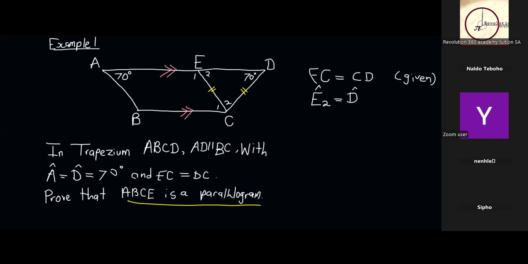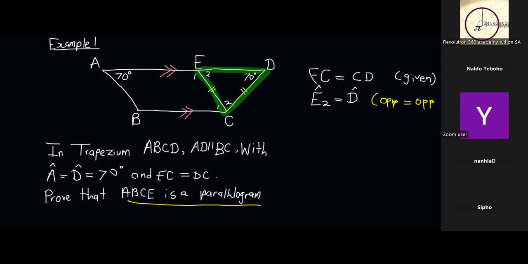Long back, more than 13 years ago, while I was doing grade 10, they were allowing us to write base angles of an isosceles triangle as part of our reason. Because from this green triangle ECD, the two sides are equal, that is the length of EC is equals to the length of CD.